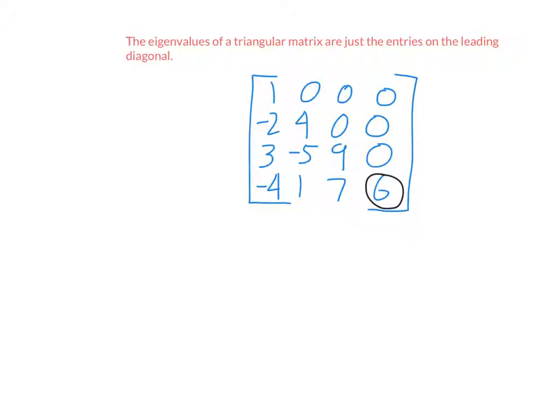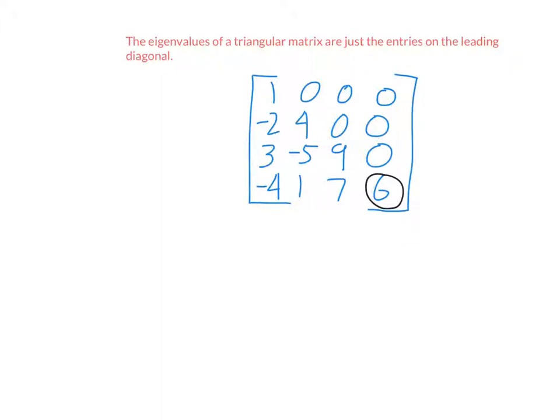So the idea here is that the values that are on the leading diagonal of a triangular matrix, if you subtract them so that you make any of the entries on the leading diagonal 0, you will end up with a column or row that is a scalar multiple of another column or row. And that includes the case where you have either a row of all zeros or a column of all zeros.